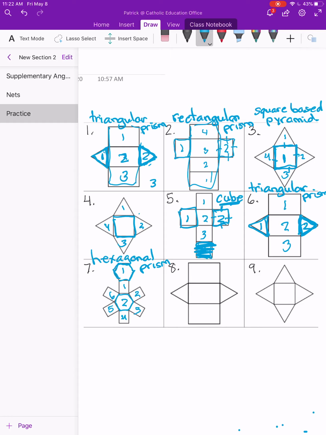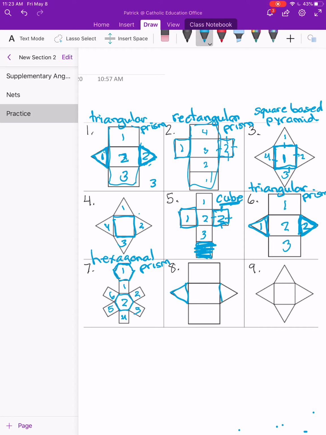Okay, let's try number 8. Pause the video and draw it out, and then come back when you've labeled it. All right, you're back. Let's see. This one, I see 2 shapes that are the same, and then the rest are rectangles. So this is probably a prism. Let's take a look.